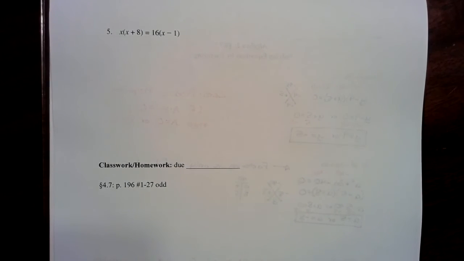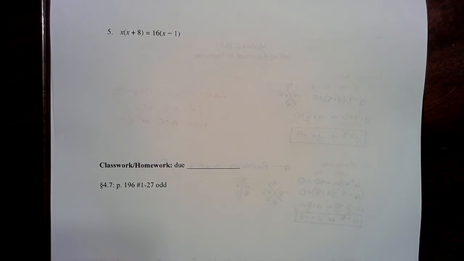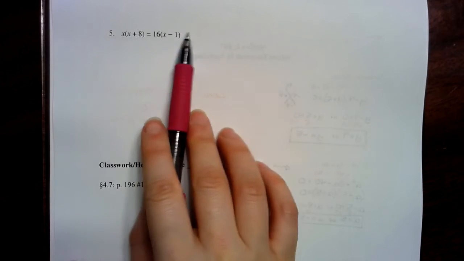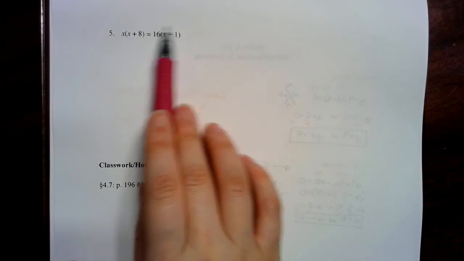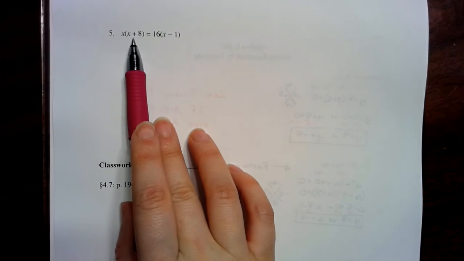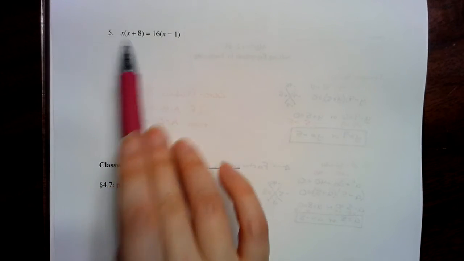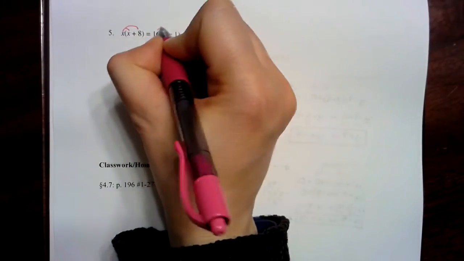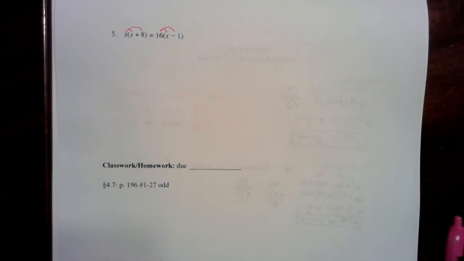Let's do one last example. So here, it really doesn't look like, even if I pulled things over, that I would be able to factor this. So I'm going to actually multiply it out as my first step.